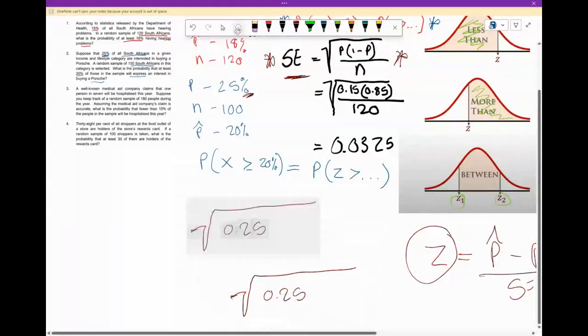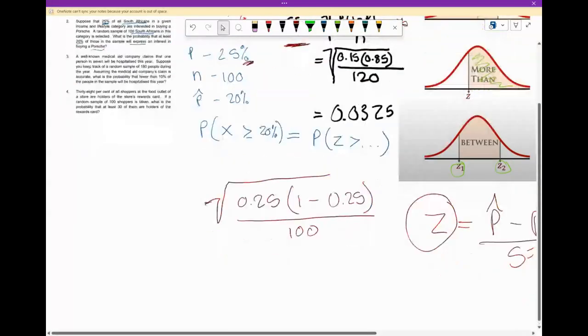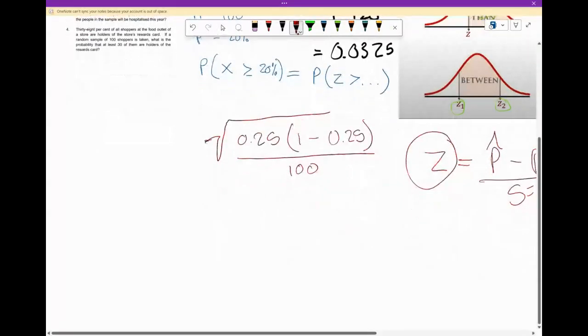So let me bring this closer. This is what I was saying about your workbooks: they don't show you chronologically how you go about this. So, brackets, 1 minus the proportion of 0.25, divided by n, which in this case is 100.